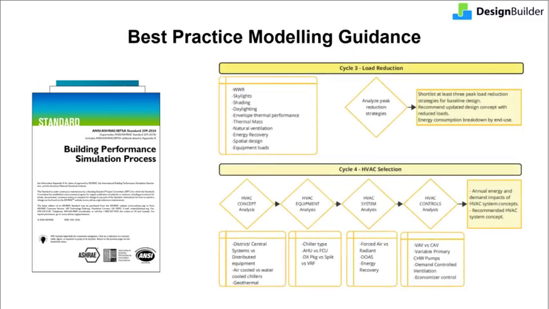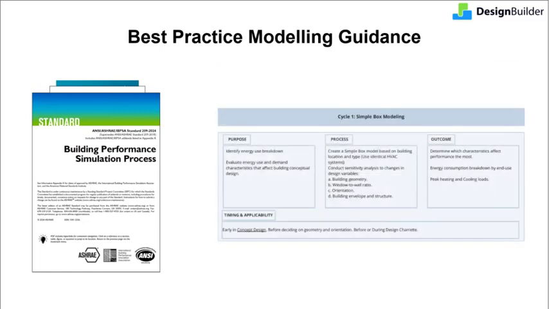For example, cycle 3 in the standard requires iterative modeling to assess load reduction by various strategies. Similarly, cycle 4 on HVAC system and control analysis at schematic design stage. In addition to this, there are 2 modeling cycles that require parametric modeling specifically.